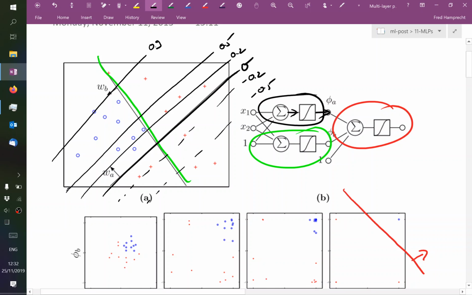And what you see in black here at the 0 line is where the sigmoid has its inflection point.